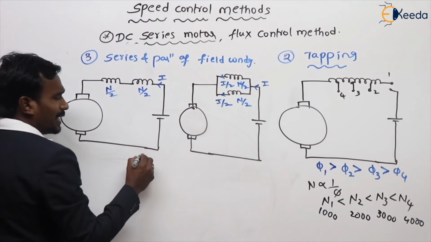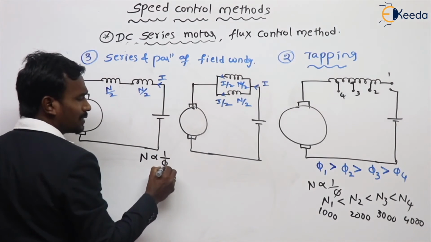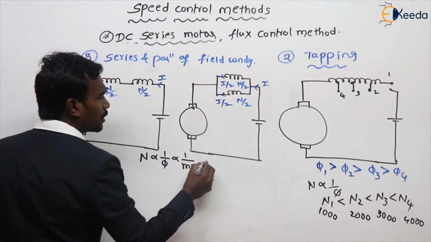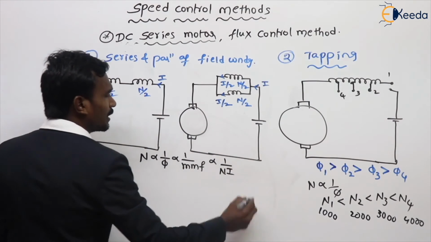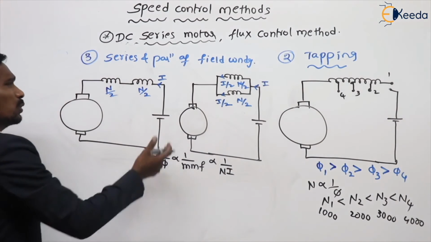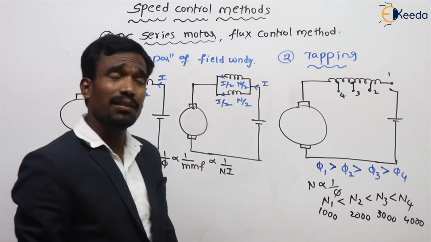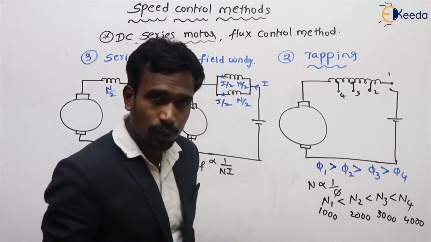Generally, I said that the speed is inversely proportional to flux, nothing but the speed is inversely proportional to MMF, which is the number of turns times current, because we don't know the flux how much it is, but we can make it easy to calculate MMF, ampere turns, right? Yes or no? Are you okay?